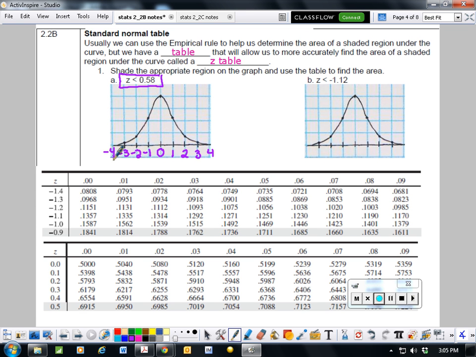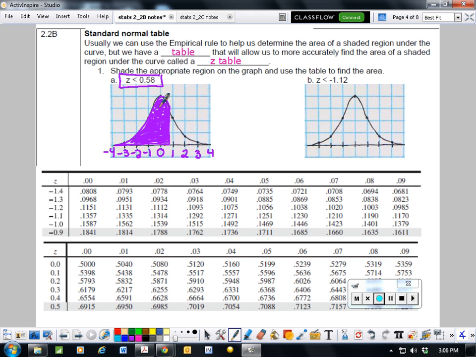I'm looking for less than 0.58, so I would estimate where positive 0.58 is, and shade everything below. It gives me a good idea if I'm making a mistake, because I can shade this and think, oh wow, that's definitely more than half. And the values they give us aren't actually in percentage form, they're a proportion, so it's up to us to change it to a percentage.